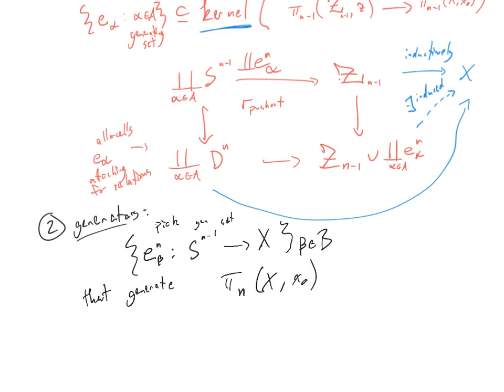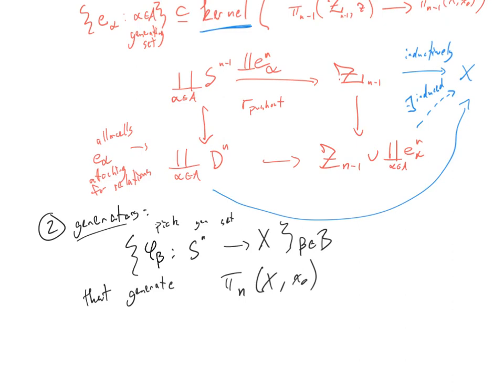Let's not call these E n, these aren't cells yet. Let's just call these phi beta. We have all these maps that generate this, right? And so these are maps in the nth homotopy group, so they're maps from S n into X.